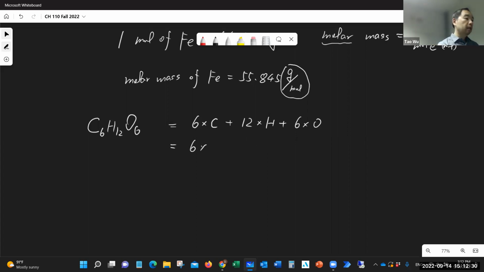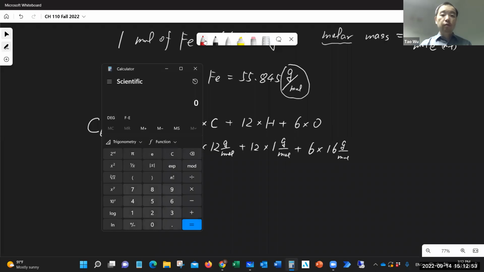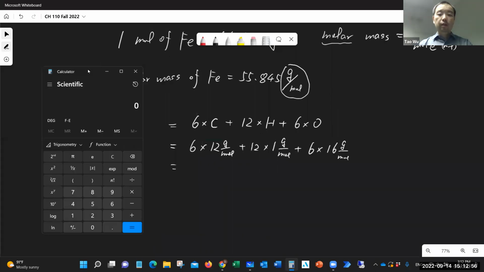So carbon is 12 gram per mole, plus 12 times hydrogen at 1 gram per mole, plus 6 times oxygen at 16 gram per mole. You add them together, then you will figure out the molar mass for the sugar. 6 times 12 plus 12 times 1 plus 6 times 16, and you got 180.